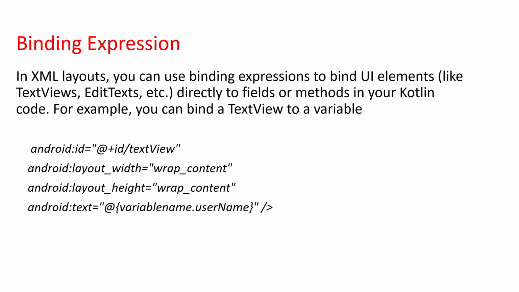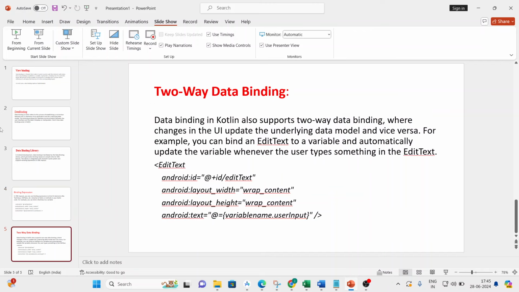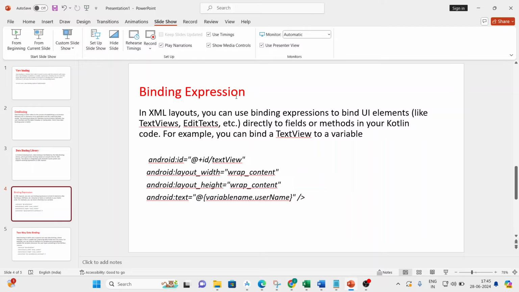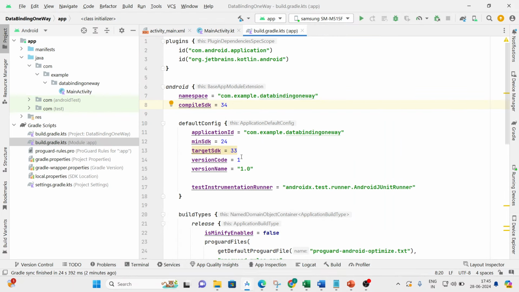Let's talk about one-way binding. After that, we will discuss two-way binding. Let's open Android Studio and go to build.gradle module app.